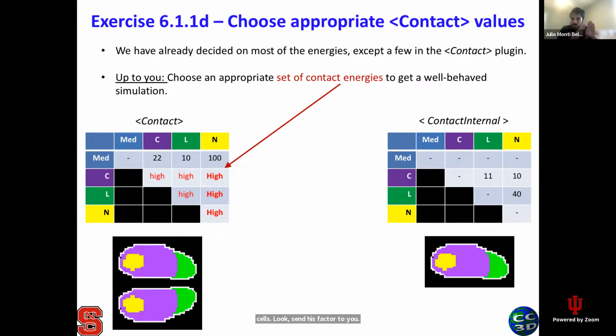If you want the cells to completely separate apart, you have a choice of energies. If you don't mind them being stuck together, as long as they don't mix, you may choose a different set of energies. If you want your cells to be kind of following each other, you may have to use a different set of energies, right?